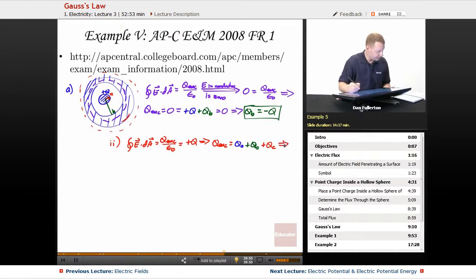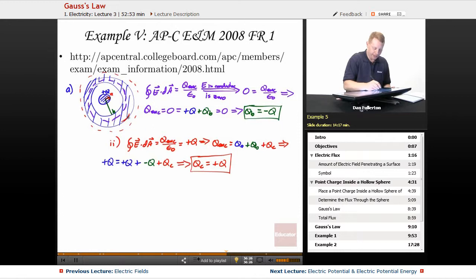So our total enclosed charge, plus Q, must be equal to QA, which is plus Q, QB, which is minus Q, plus whatever QC is. The only way that'll work, if we have plus Q total, with plus Q and minus Q being 0, is that QC must be equal to plus Q.